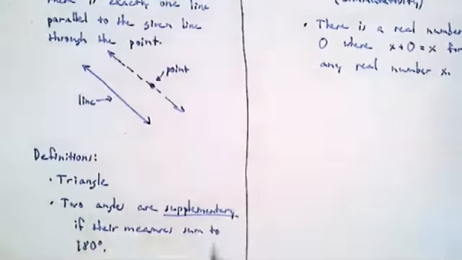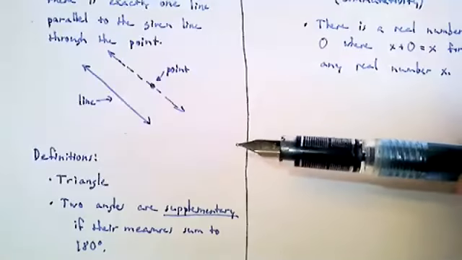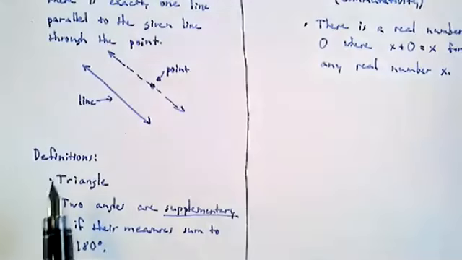Okay. So there's lots of other definitions, squares, rectangles, octagons. All of these words have their own definitions.